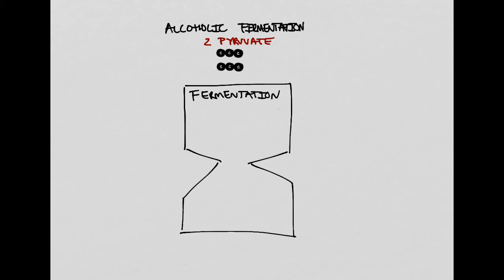So, we've got our 2 pyruvate entering into our fermentation process. These guys jump in here, enter the pathway. Enzymes are going to be acting on them.